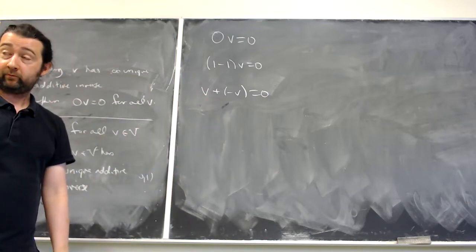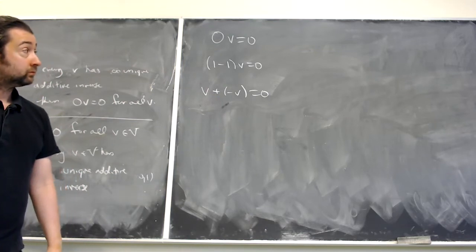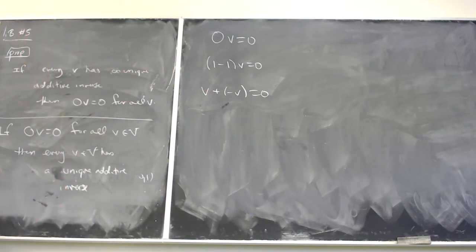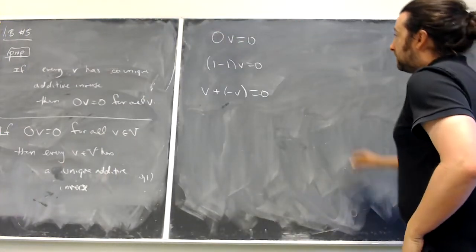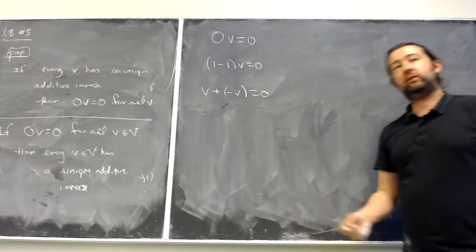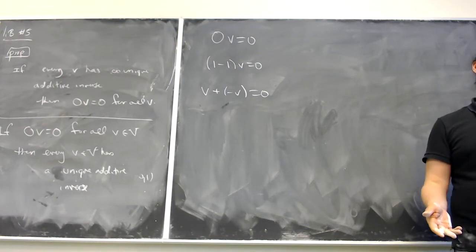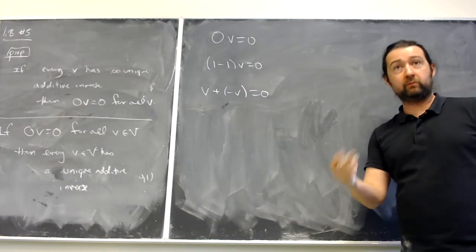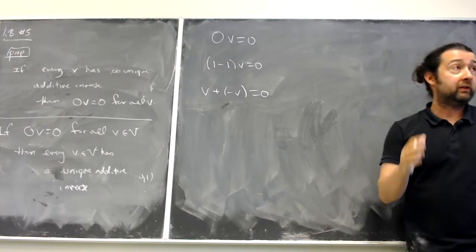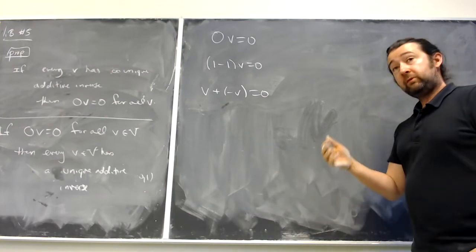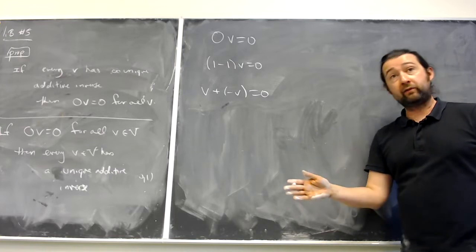Why does there have to be a forward and backward direction of this? I mean, if one equation is equal to another, are they not the same statement? No, because when you're laying out definitions, when you're axiomatizing an idea, right? When you're making the axiom statements of what a vector space is, you're setting up the definition. You start with a set of statements that you assert to be true, and then you derive all the rest of them.